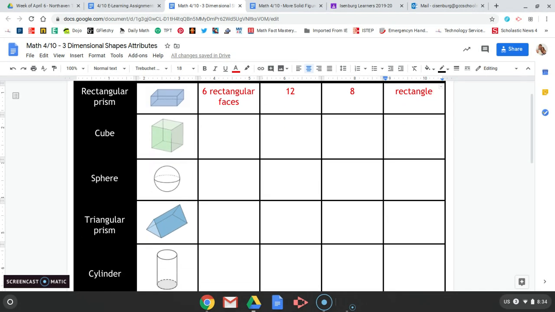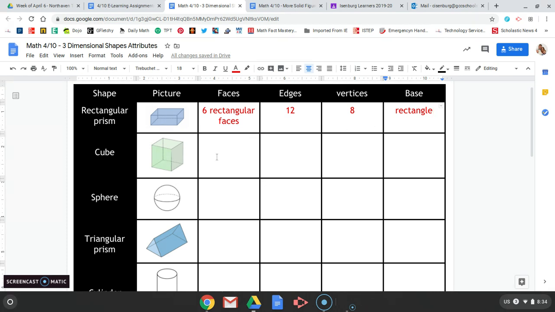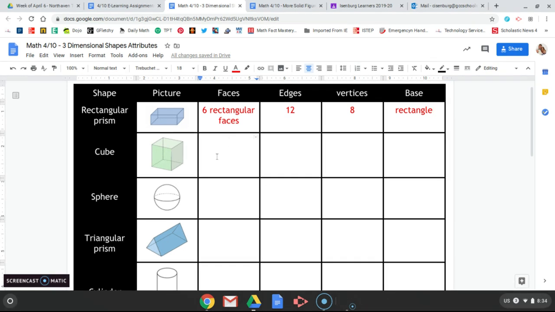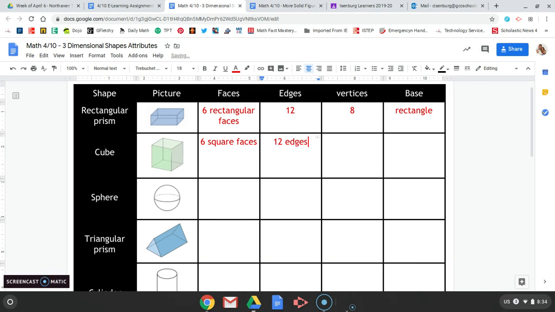All right, let's go on to the cube. The cube has to have 6 square faces. So in order for it to be a cube, every single face has to be a square. Edges are actually the same as a rectangular prism. There are 12 edges on a cube.